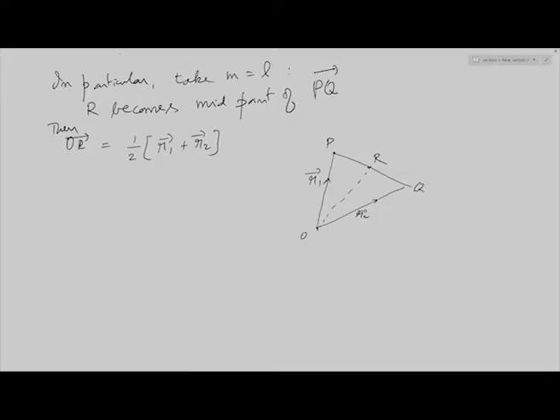So, with this information, let me also recall what we did in the previous class. If I take a coordinate system, take a point, let me call this point P as (a, b, c), and this is the origin and a right handed coordinate system, this is x axis, y axis, z axis.